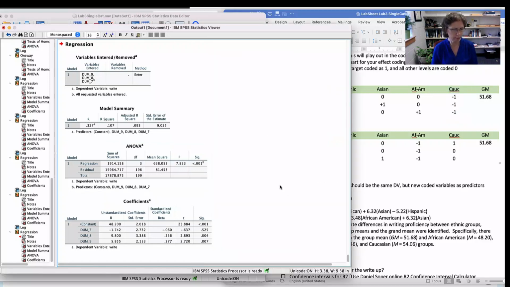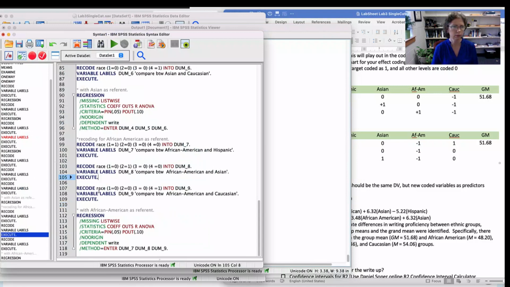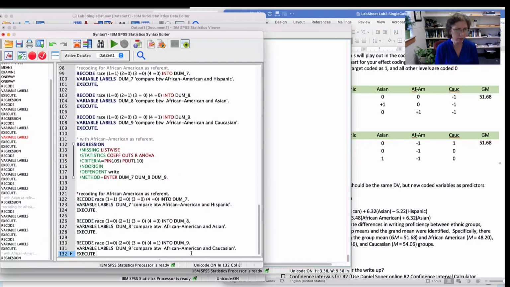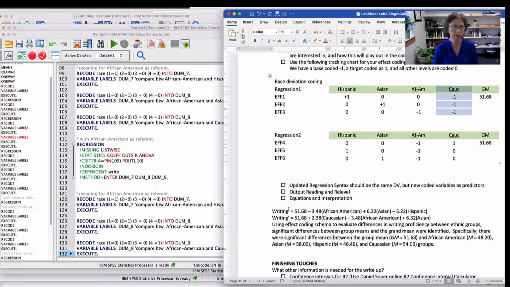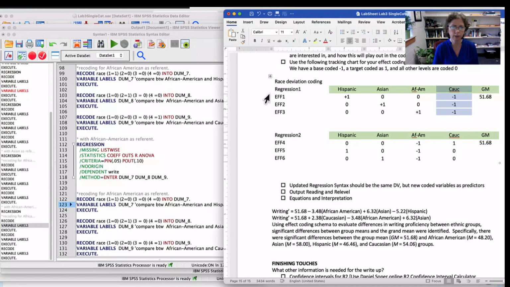And I'm going to go back to our recode. You can do it through the click-through, but this is pretty easy. We need to recode race into effect 1. So we're working on this first guy right here, or this first set.